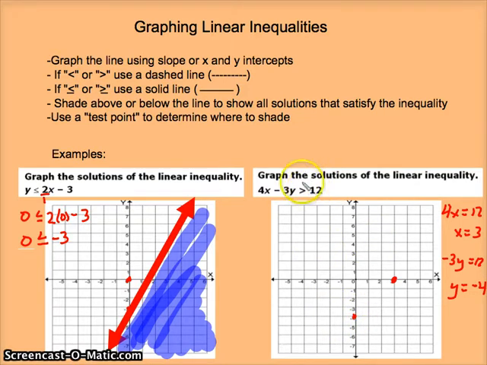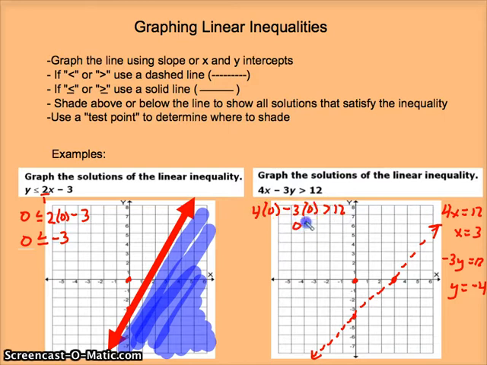All right, since this is strictly greater than, I need to use a dashed line. So I'll do my best here to make a neat dashed line, and then we'll have to pick a test point to determine where to shade. Like I mentioned before, 0, 0 is a great test point. So let's plug in 0, 0. So 4 times 0 minus 3 times 0 is greater than 12.